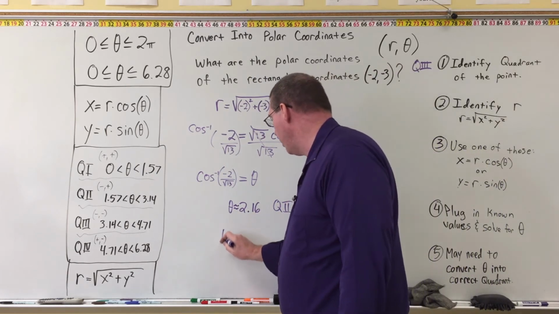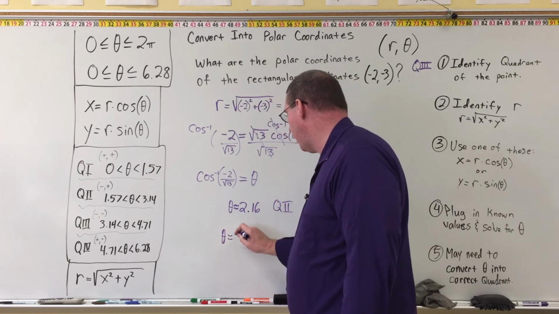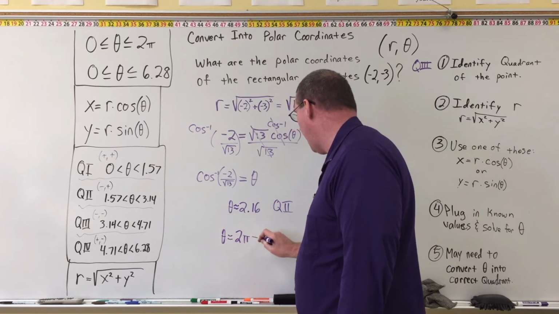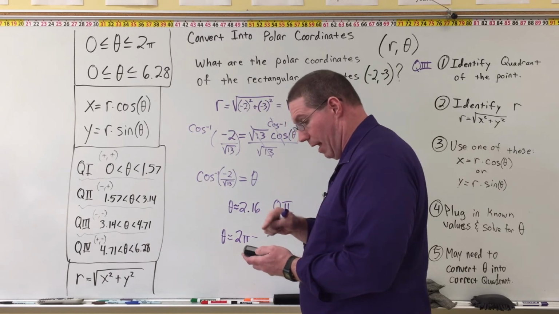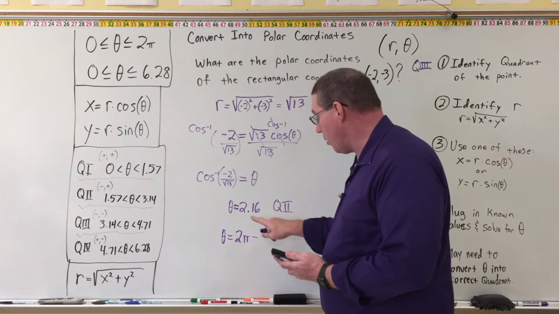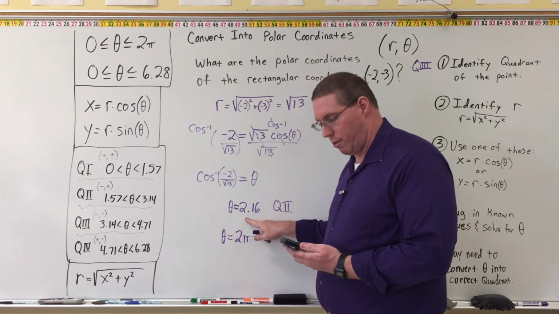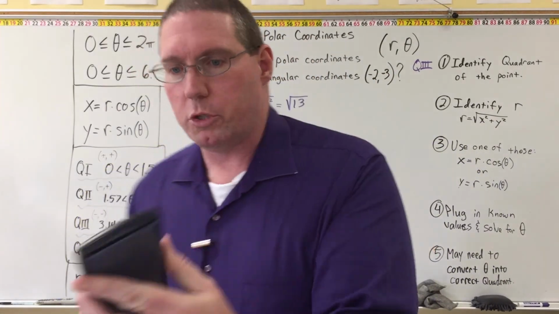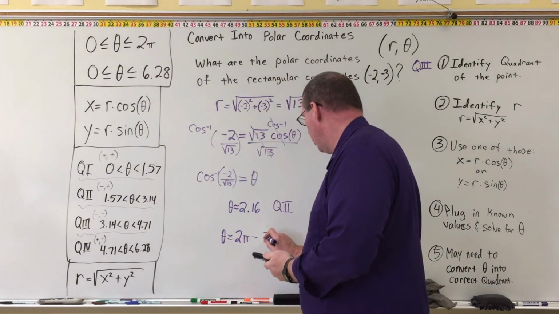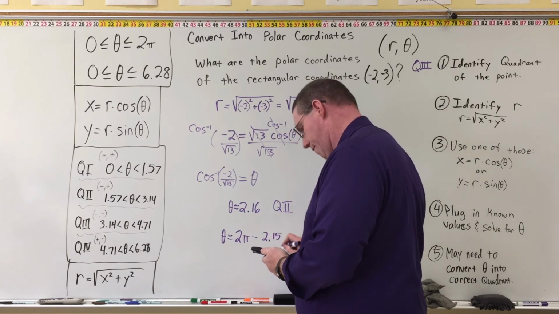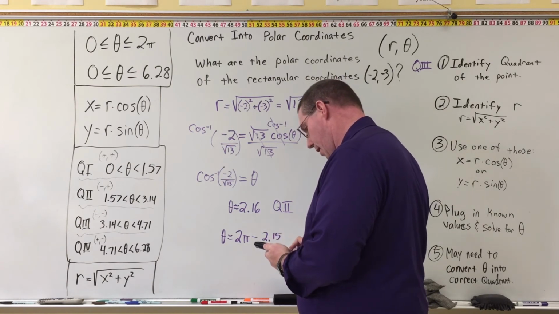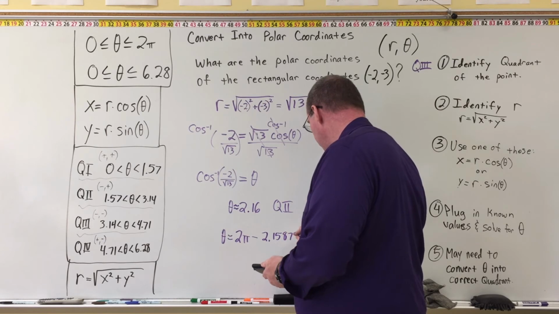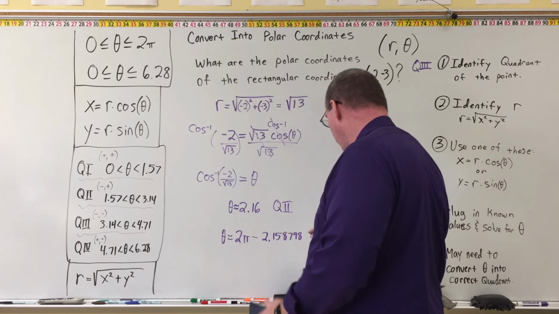So what's really going to happen here is our real theta is going to be equal to 2 pi minus, now here's the thing, we can't subtract 2.16. We need to subtract what's actually in the calculator, which is approximately equal to 2.15879893.